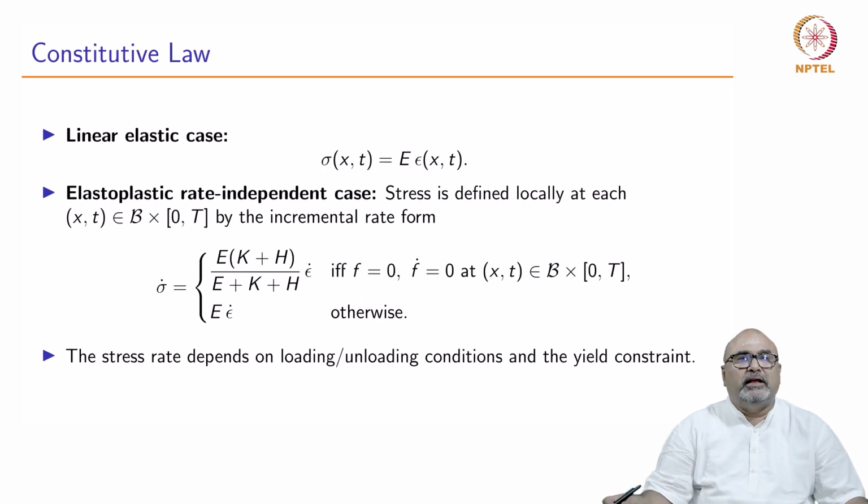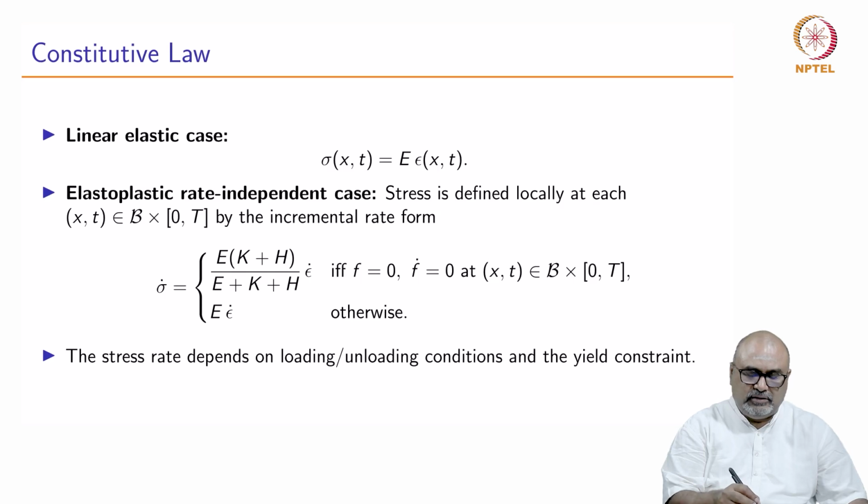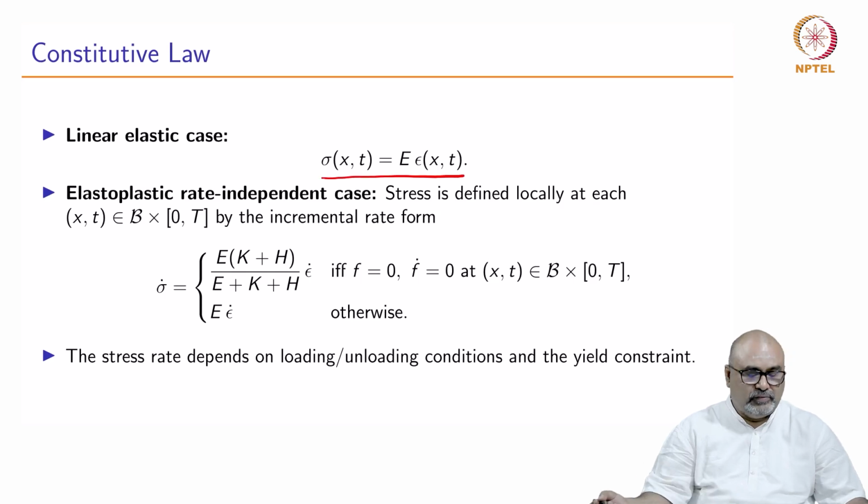Now, for a linear elastic case, the stress is related to strain through the constitutive relationship, which follows Hooke's law. So, sigma of x comma t is equal to E times epsilon of x comma t. For an elastic plastic rate independent case, stress is defined locally at each point by an incremental rate form.